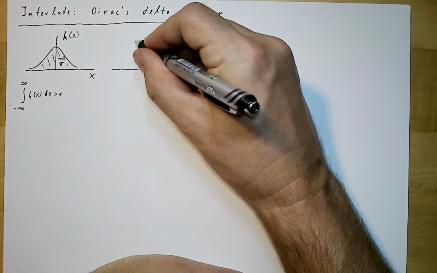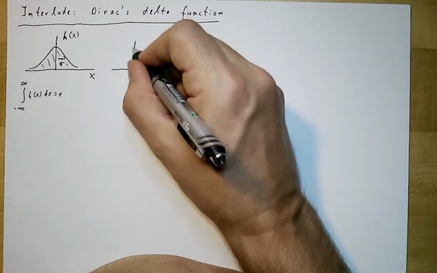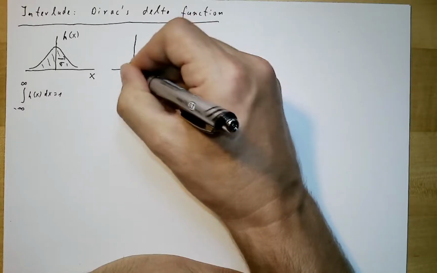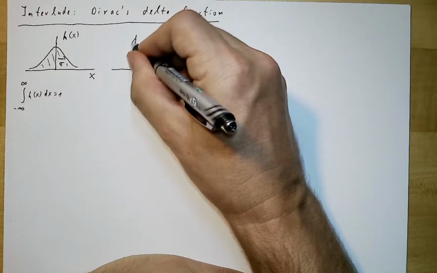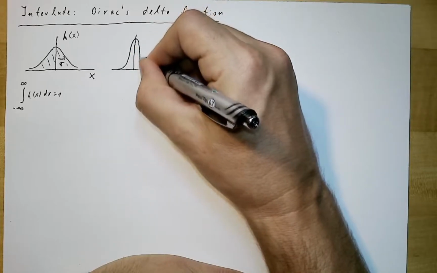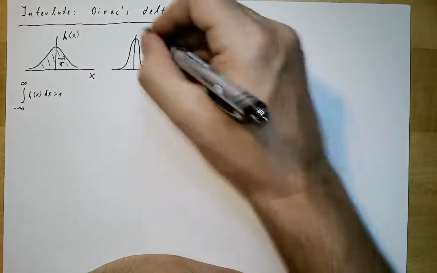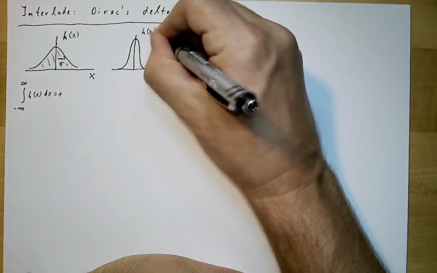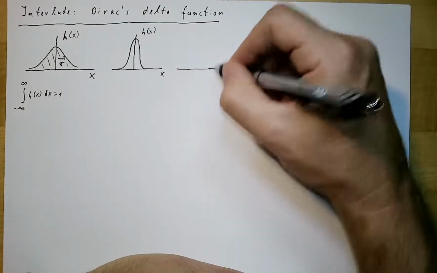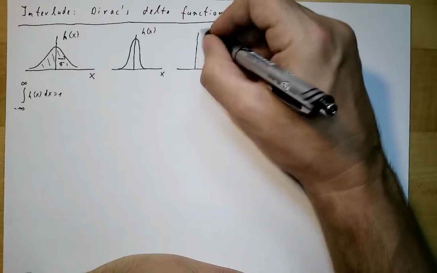Now how would this function h look when we reduce the sigma? Then the probability, or this function h, has a higher value around 0 and is a bit more narrow. And now we can reduce the standard deviation, the sigma, even more.